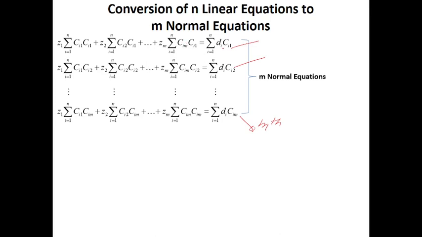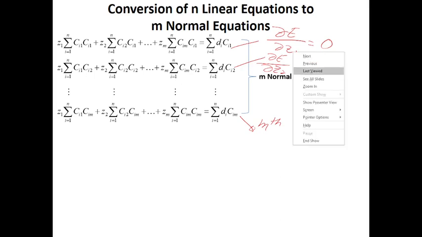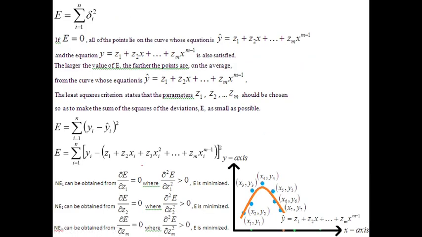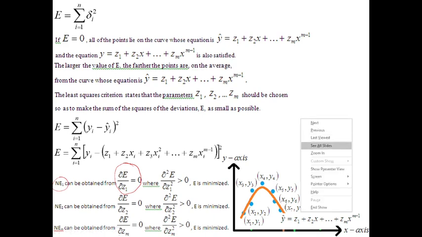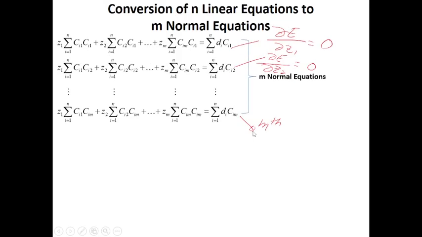Para sa second normal equation, pagka sinet natin ng 0, ito yung lalabas. Pag ginawa natin yan, makuha yung normal equation number 1, and so forth.